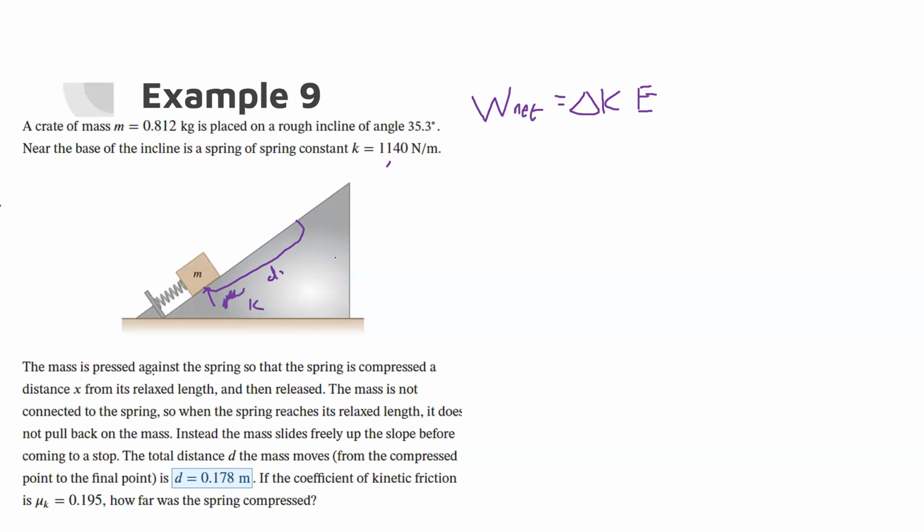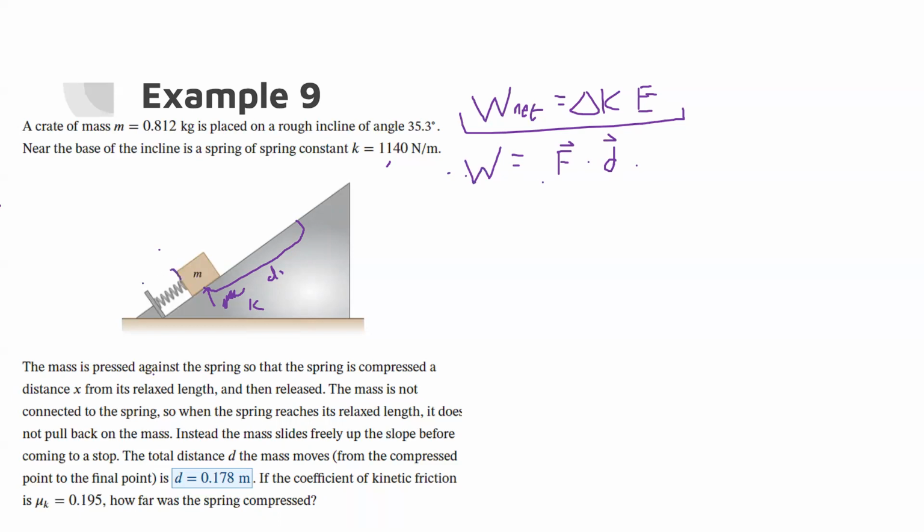So what I'm going to use is the work kinetic energy theorem. If you remember, work is equal to the force vector dotted with the displacement vector, like that. So I'm looking at all the forces that are acting in the direction of motion.